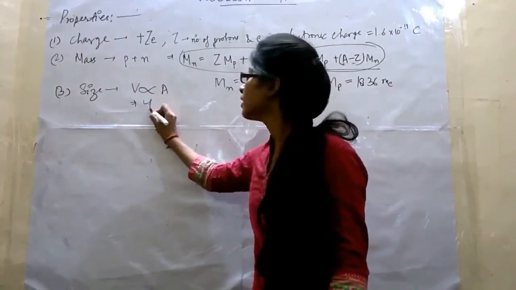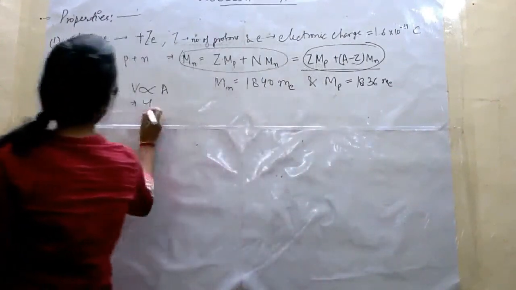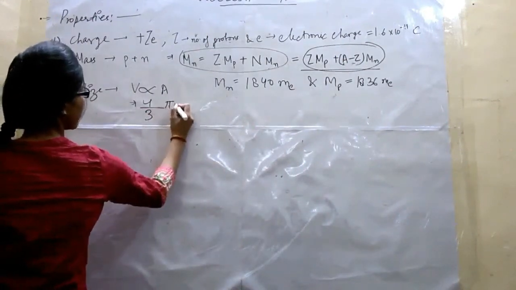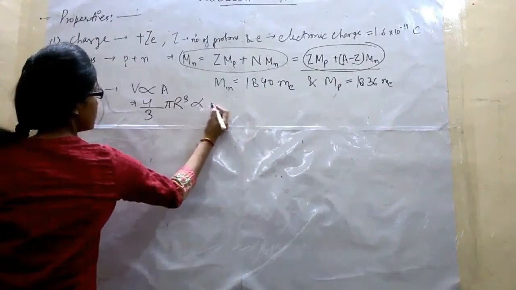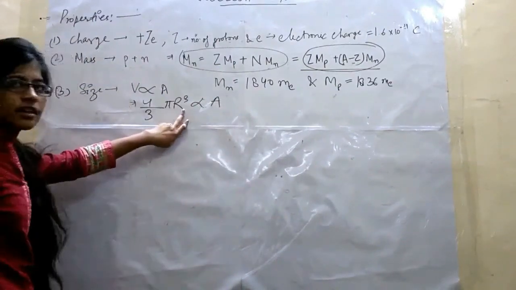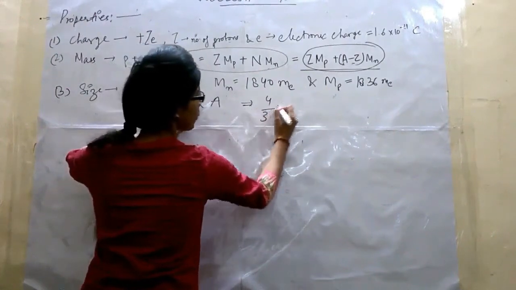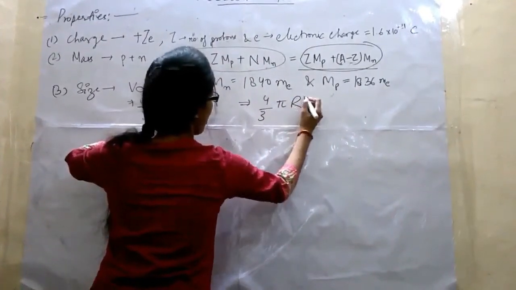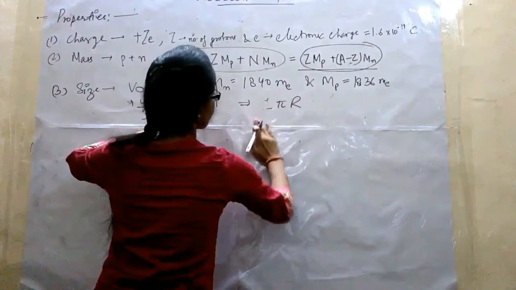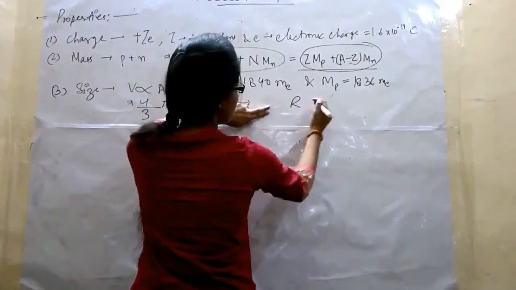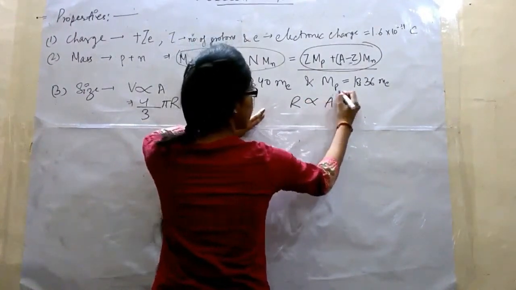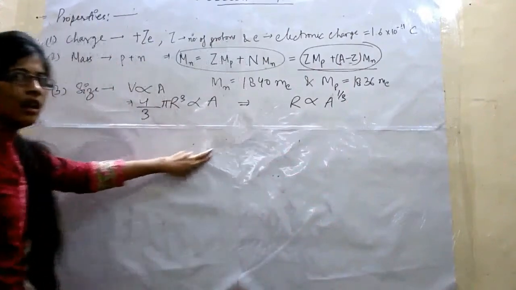Since it's a sphere, 4/3 pi r cube is proportional to A, where r is the radius of the nucleus. This gives us r is proportional to A raised to the power 1/3.